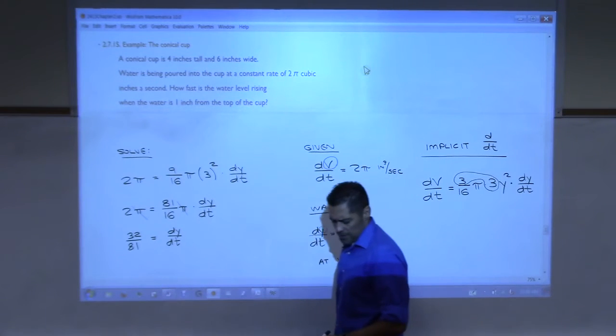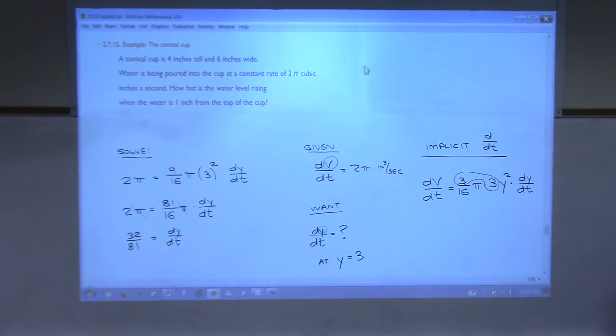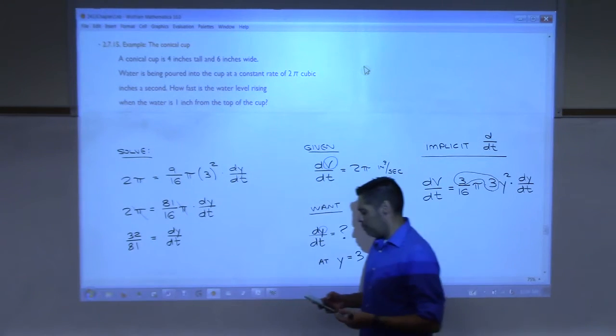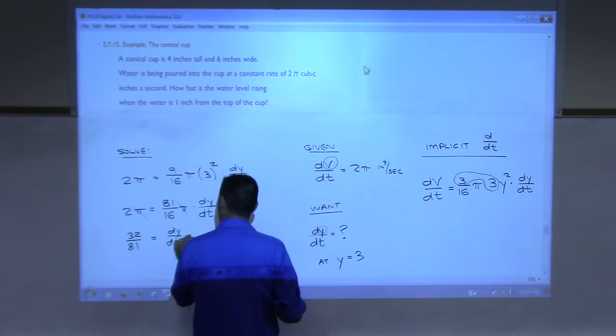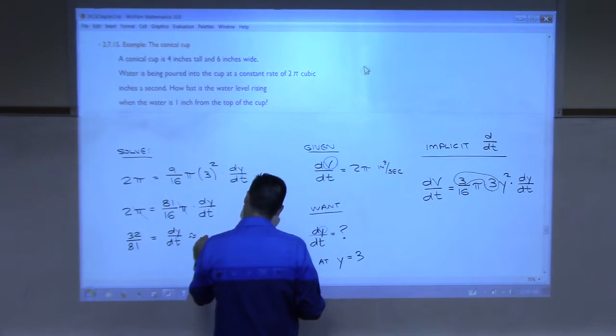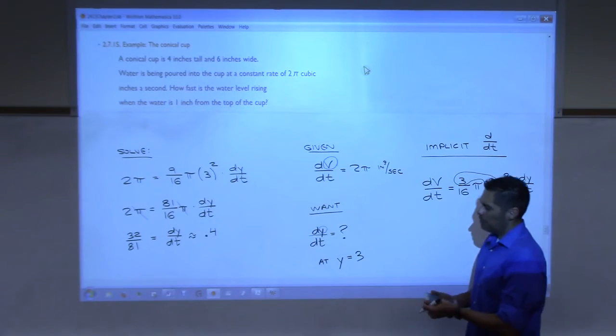I would like to know as a decimal what that is. Just curious. So 32 over 81. About 0.39, about 0.4. This is approximately 0.4. What is that? Unit.